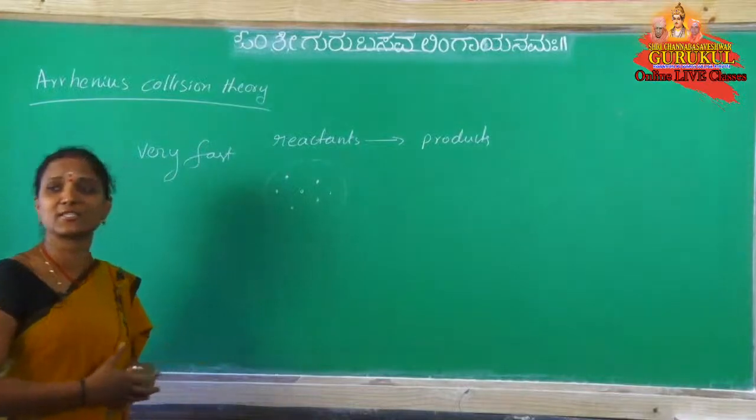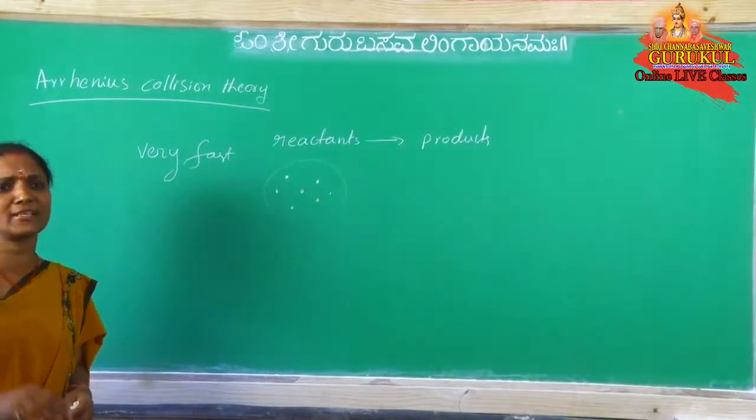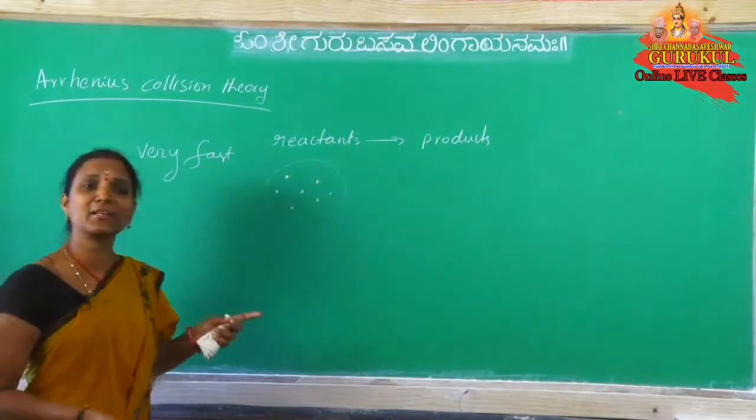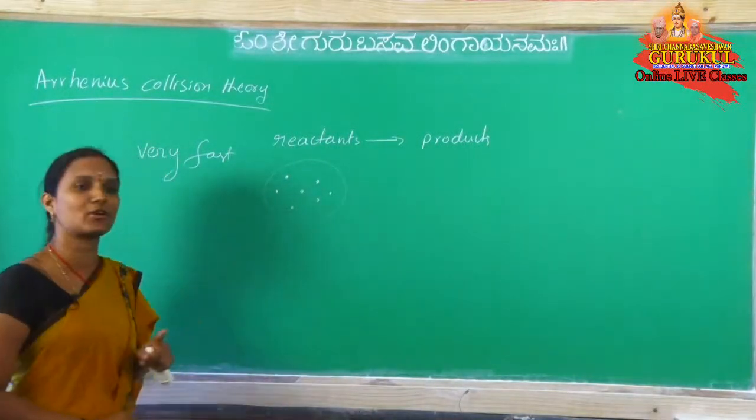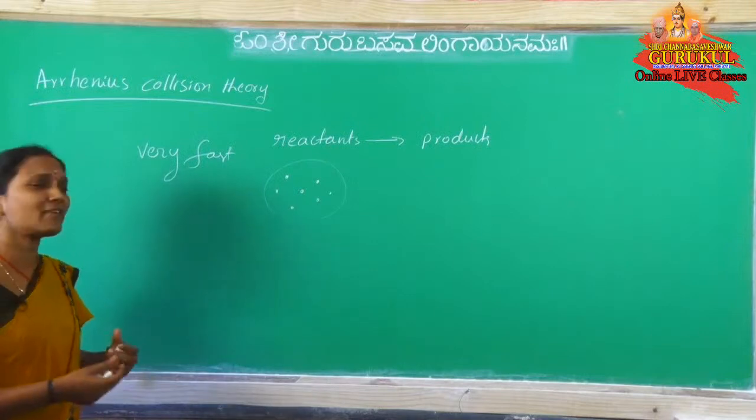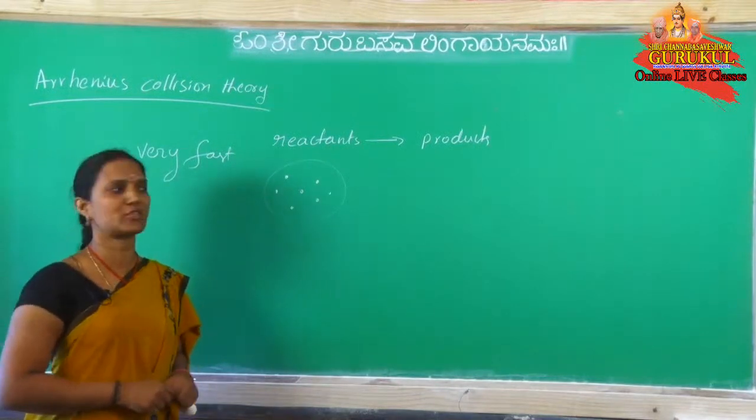But most of the reactions are slow or moderate reactions. That means not all collisions lead to the formation of products. Why do not all collisions lead to the formation of products?